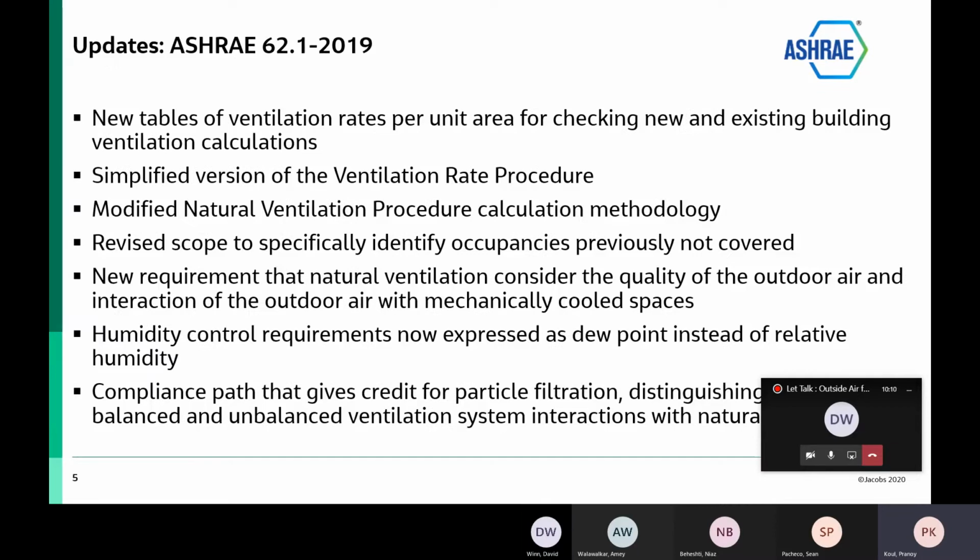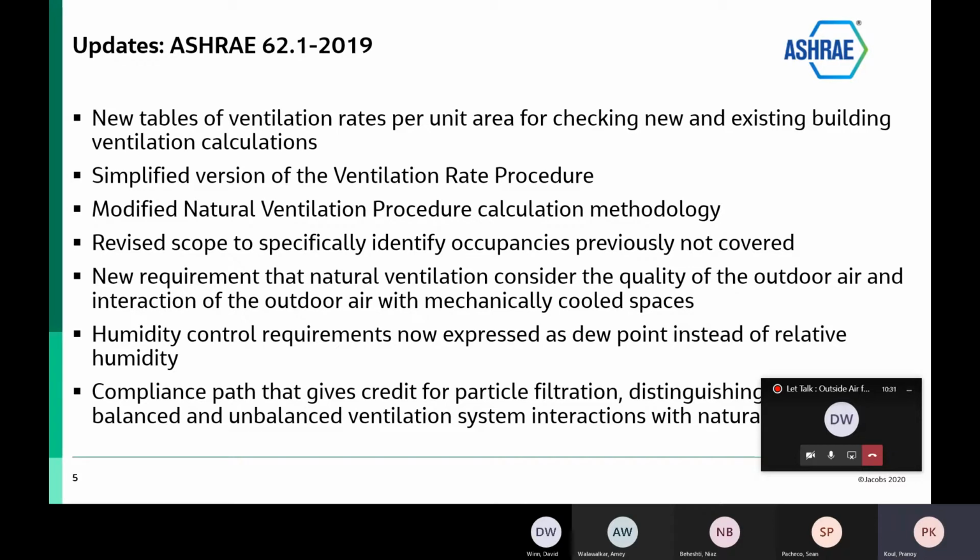All right. So some of the key updates when we talk about 62.1 is that there are new tables for ventilation rate areas for checking new and existing buildings. When I discuss my application problem, you'll be seeing Tables 6.1 and 6.2.